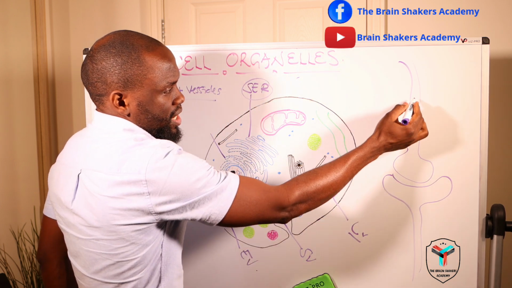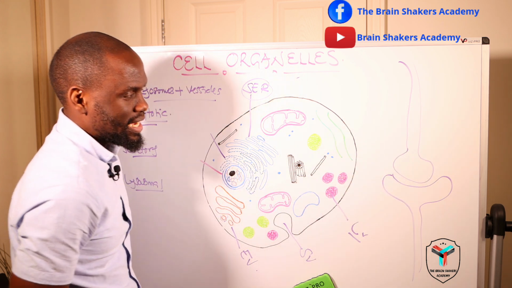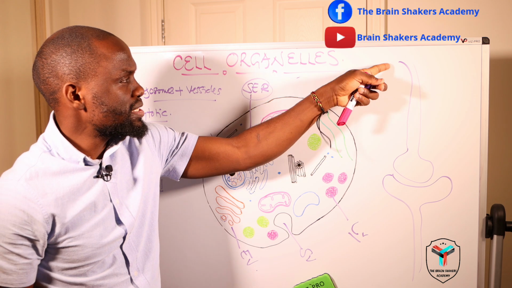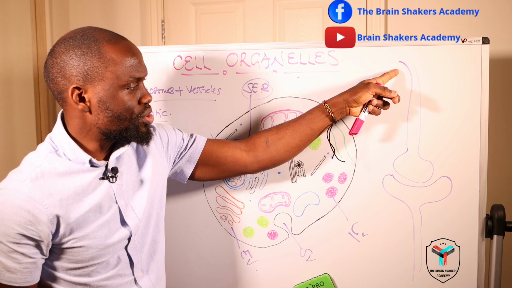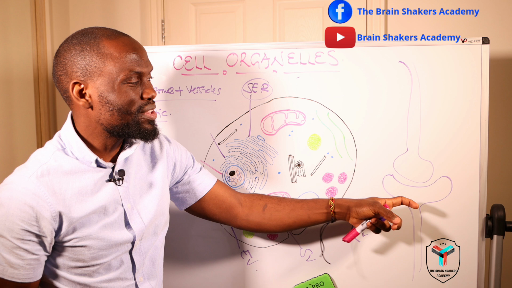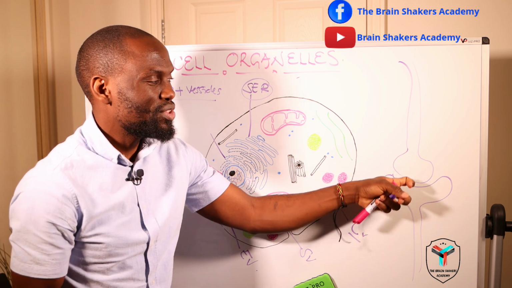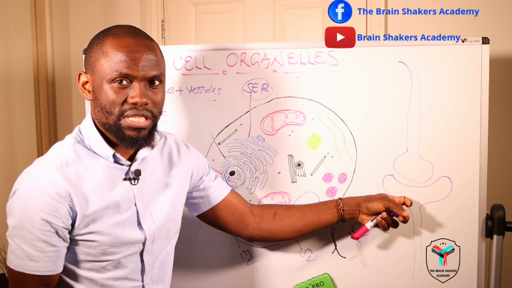This first neuron will have been stimulated by an action potential, and once it is stimulated, for this other neuron to actually be excited, there will be a need for the release of a neurotransmitter here.